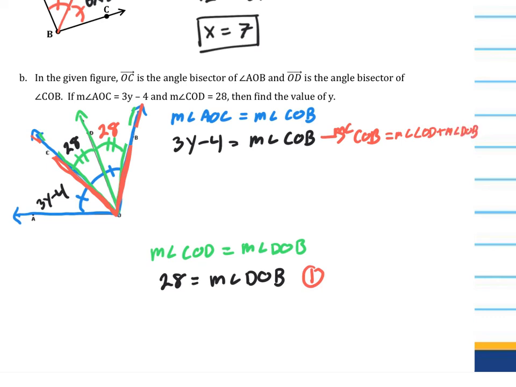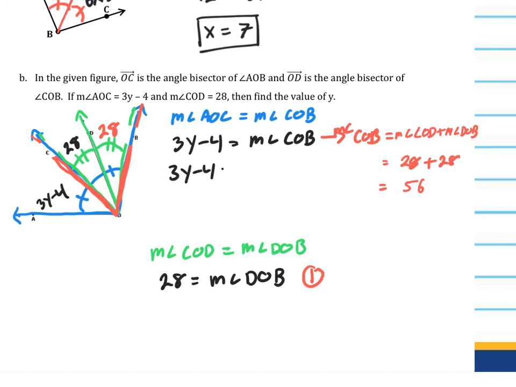And we know what those are. That's 28 and 28 because they were the same. So that one angle really is 56. Now we know the measurement of angle COB, so let's plug that in.